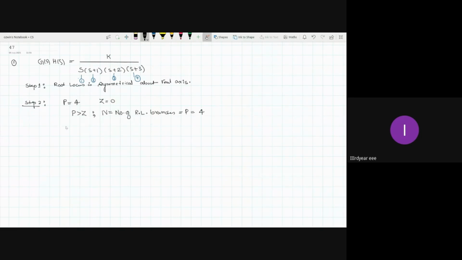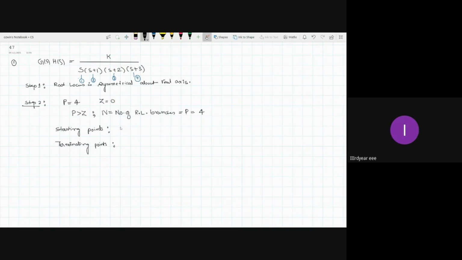Then you can write the starting points and also the terminating points. At terminating points, what do you have? You have zeros. At starting points, what do you have? You have poles. So basically you have 4 poles.